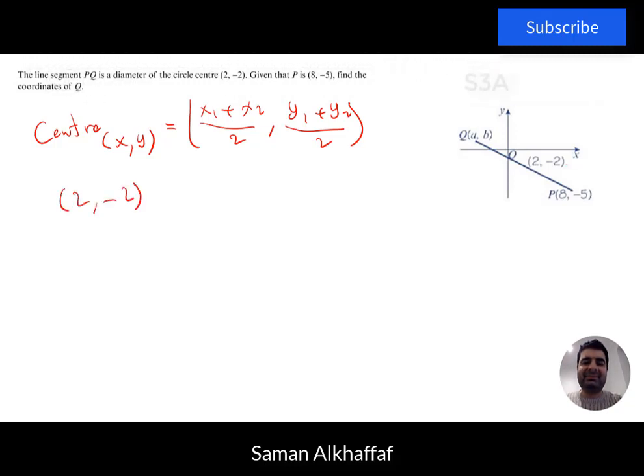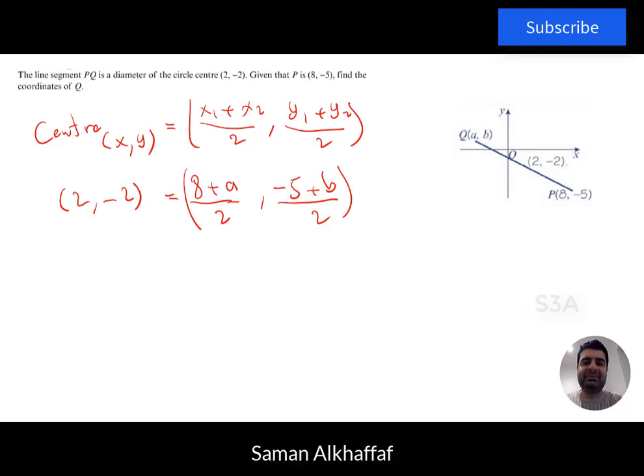So (2, -2) is equivalent to, for x, 8 plus a over 2. So that's the x coordinates, and for the y coordinates we would have -5 plus b over 2.